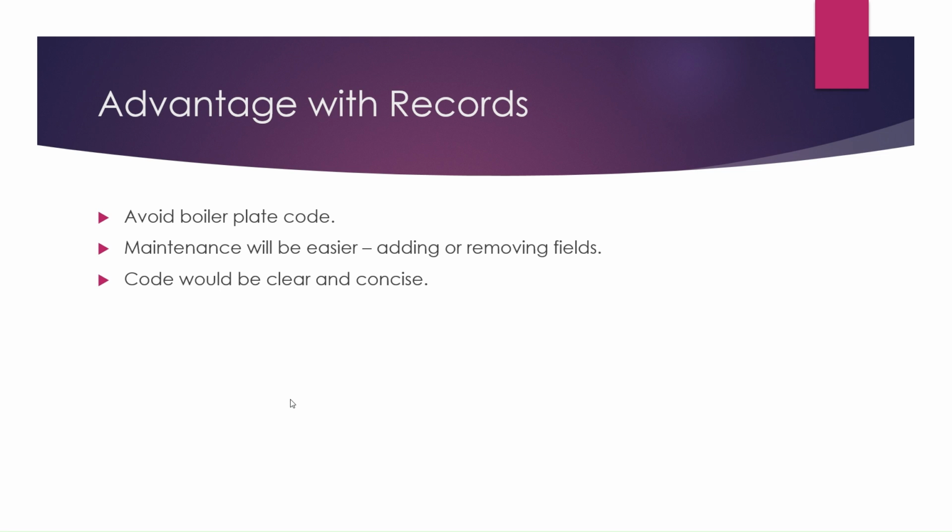Okay, and code also would be clear and concise. It would be stating its purpose. Like in our previous example, we are saying that Product has three fields: name, price, and rating. So it is just a simple line. The simple declaration is stating what that particular record contains.